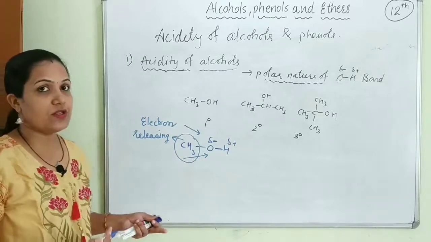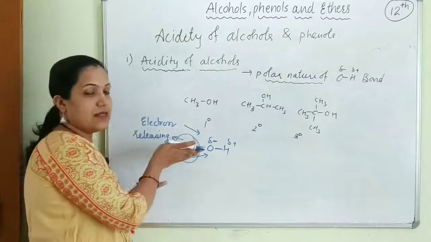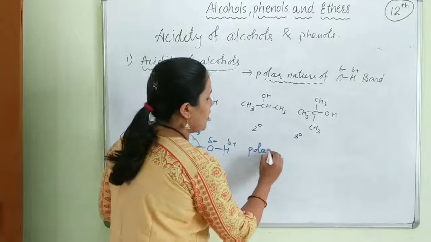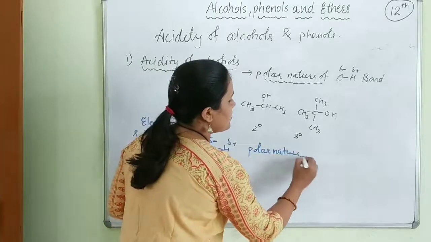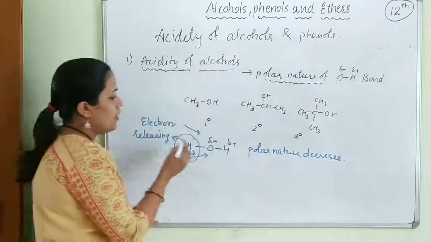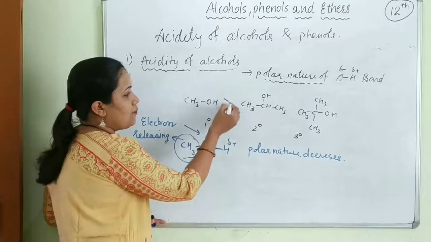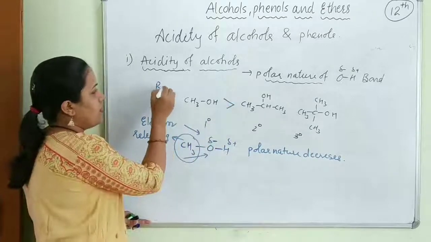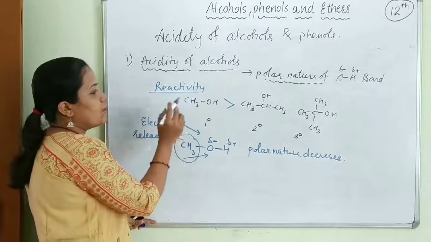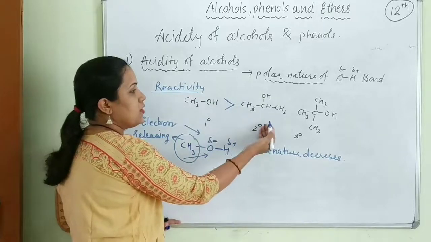And why is there an effect on its polar nature? Because as electron releasing tendency increases, the polar nature decreases. So we can say that primary alcohols are more reactive as compared to secondary alcohol.